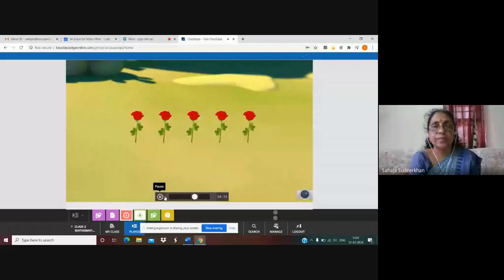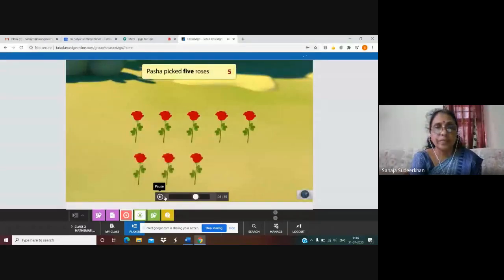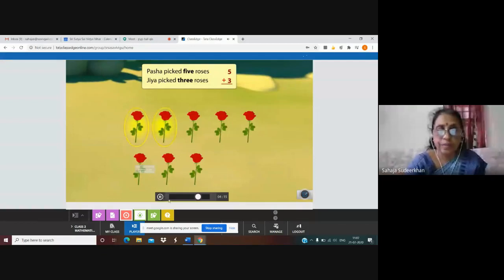I picked 5 roses, Jia. 1, 2, 3. I've got 3 roses. To find the number of roses we collected in all, let's add 5 and 3. Okay, Jia. 1, 2, 3, 4, 5, 6, 7, 8.